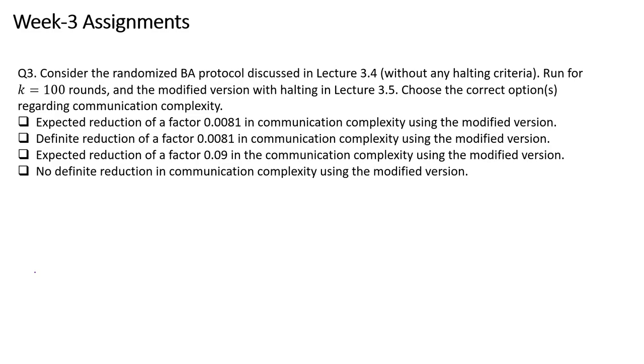And so in the first version, it was just vote, coin, vote and reiterate, if that protocol was run for 100 times. On the other hand, our modified protocol is gradcast, coin, gradcast and reiterate with halting criteria.